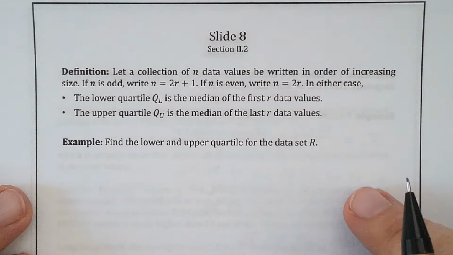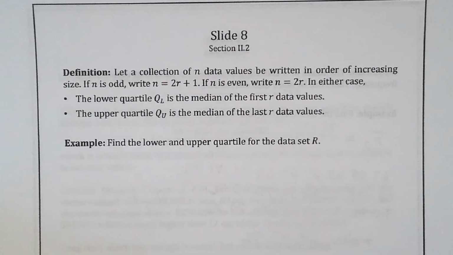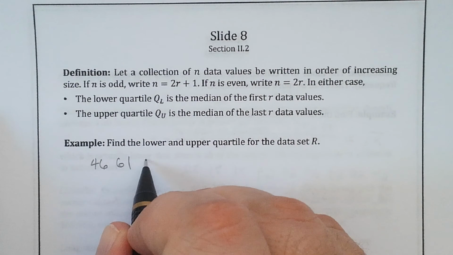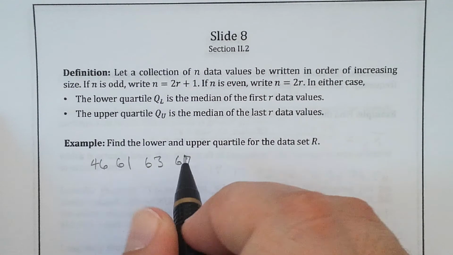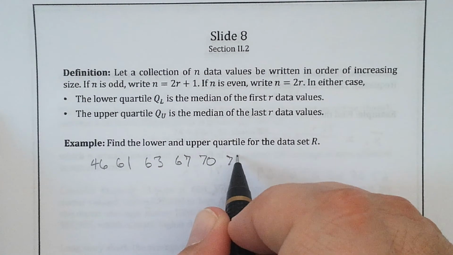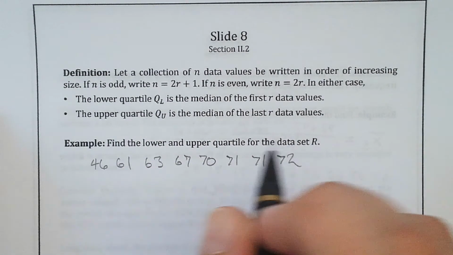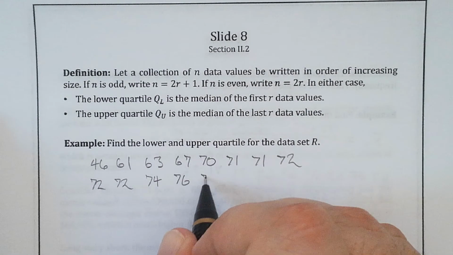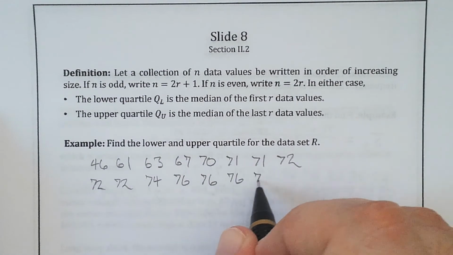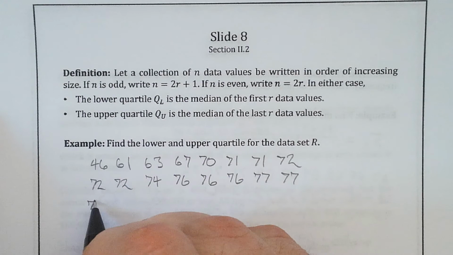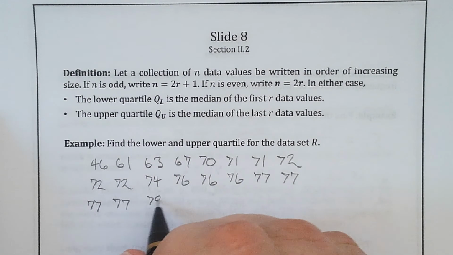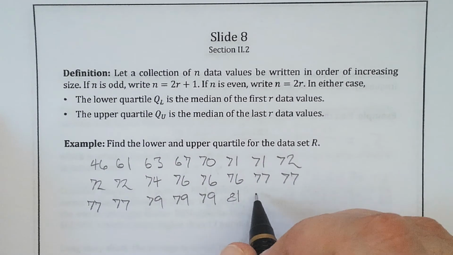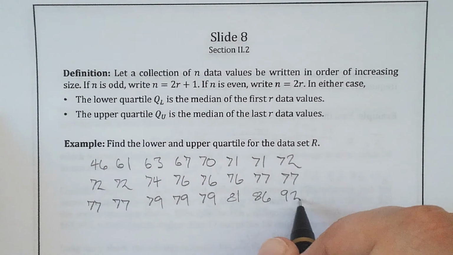Okay, so to do this, I need the data set to be listed in order again. And I'm just going to copy down what I had before. 46, 61, 63, 67, 70, 71, 71, 72, 72, 72, 74, 76, 76, 76, 77, 77, 77, 77, 79, 79, 79, 81, 86, and 92.